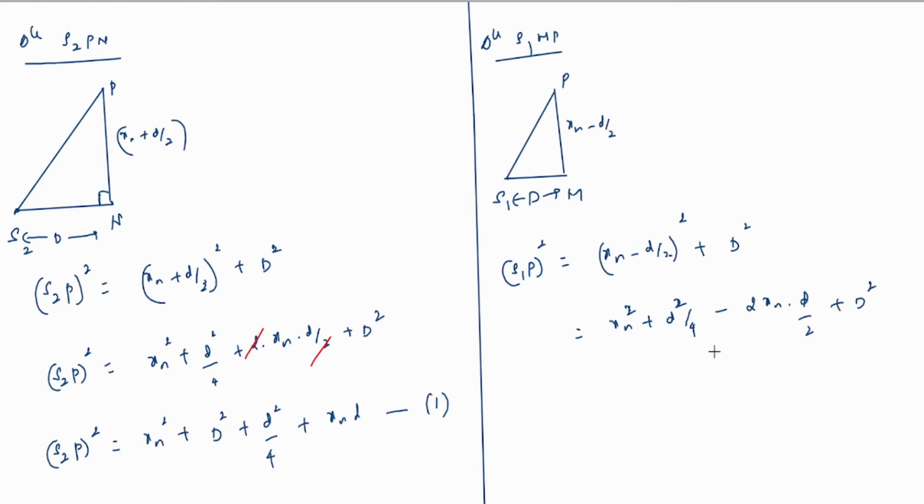From here again 2 gets cancelled. Therefore what remains is that S1P the whole square is equal to xn square plus d square by 4 minus xn into d plus capital D square.